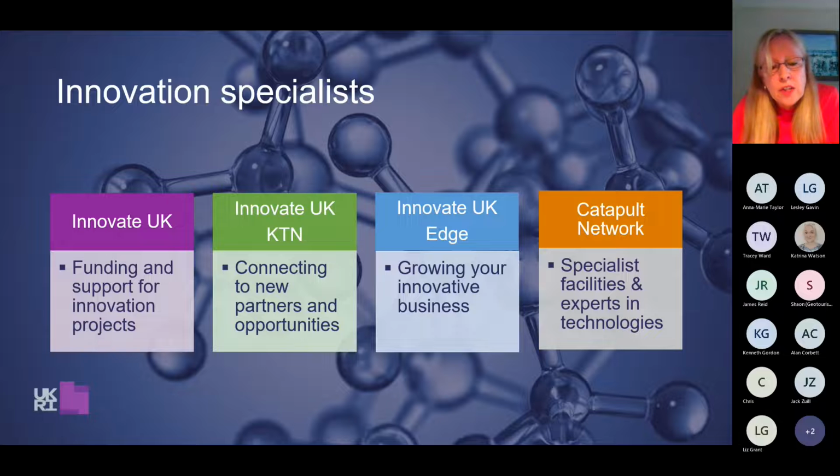Both of those divisions also help develop visits to particular countries, as I've mentioned, to enable innovation partnerships with organisations based overseas. And then there is the Catapult network, and that offers specialist facilities and experts in particular technology areas. And this support and the associated facilities are UK-wide. Next slide, please.